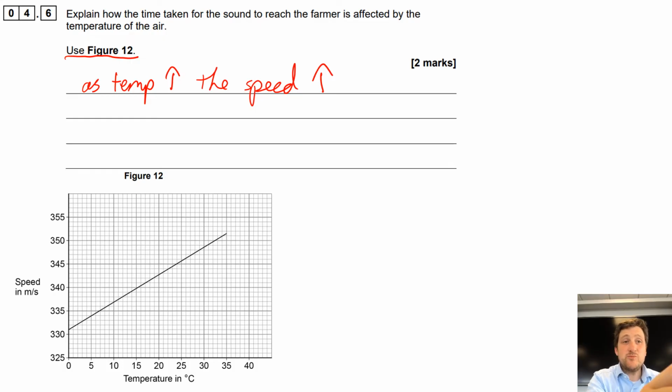Now, it says explain, which means you need to say why. Well, we're supposed to explain how the time taken changes. So what we need to say is, as the temperature increases, the speed increases, and therefore the time taken is less, because if it's going faster, it means it's going to take less time to travel somewhere.